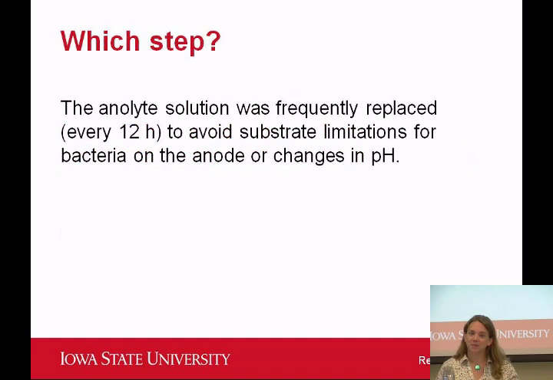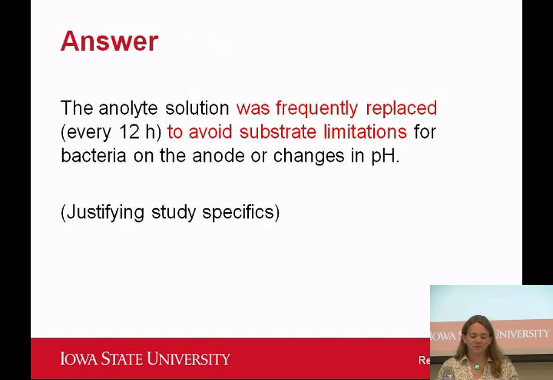Here's another step. Okay, let's look at the step together. The analyte solution was frequently replaced every 12 hours to avoid substrate limitations for bacteria on the anode or changes in pH. I've highlighted again some important information here, and we get these keywords was frequently replaced to avoid substrate limitations.